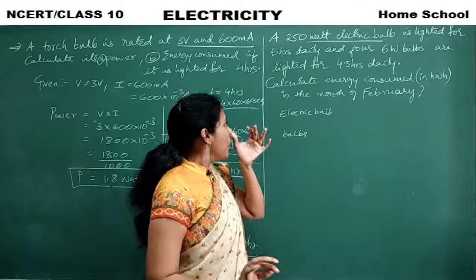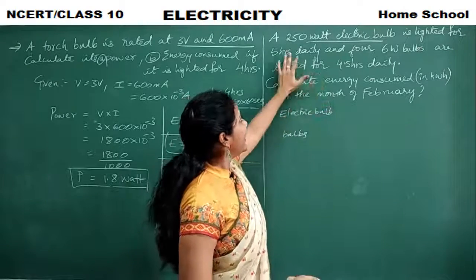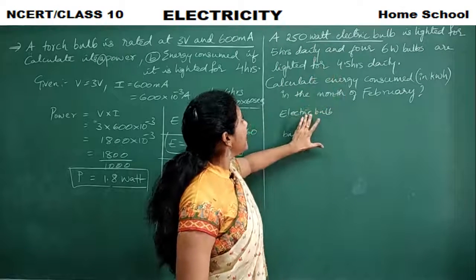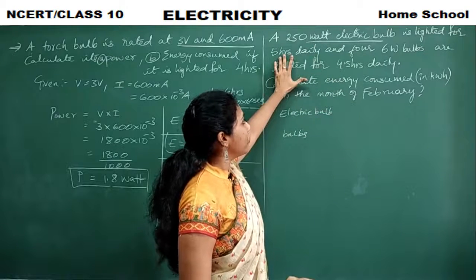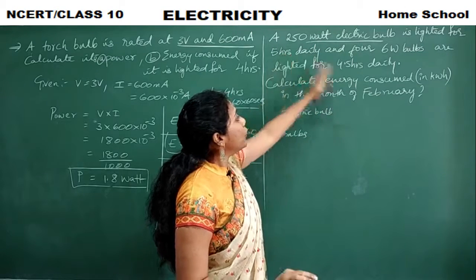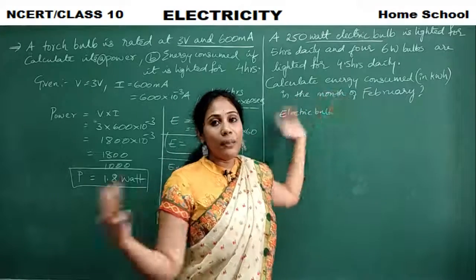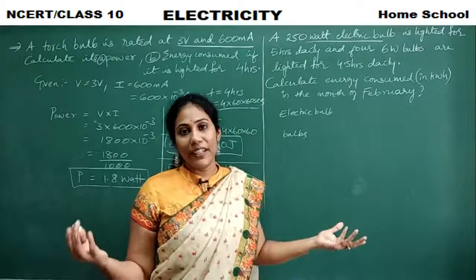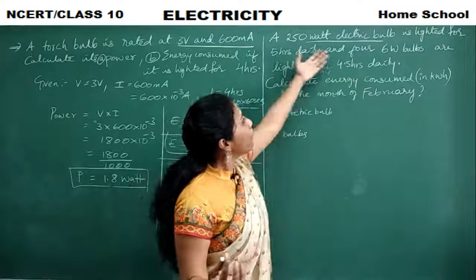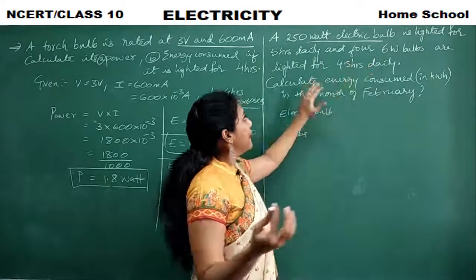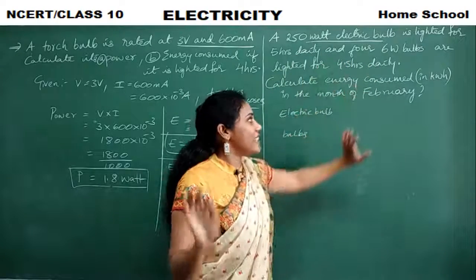So they are telling every day the electric bulb is burning for 5 hours. So for 28 days, how much is the energy consumed? You have to find out. Similarly, you have 4 6-watt bulbs. They are burning for 4.5 hours daily.